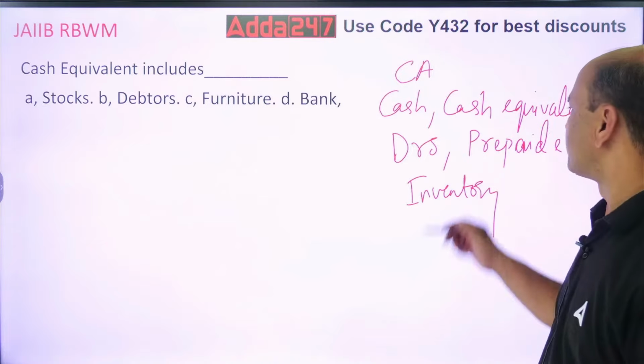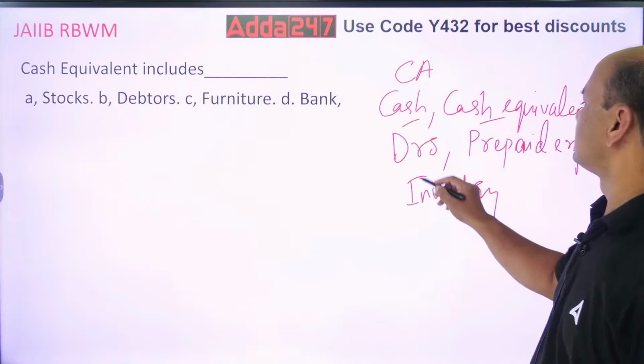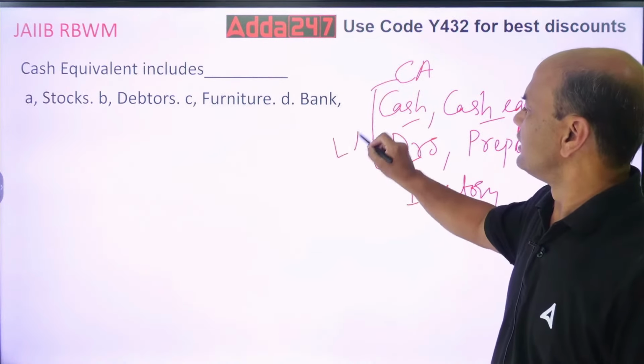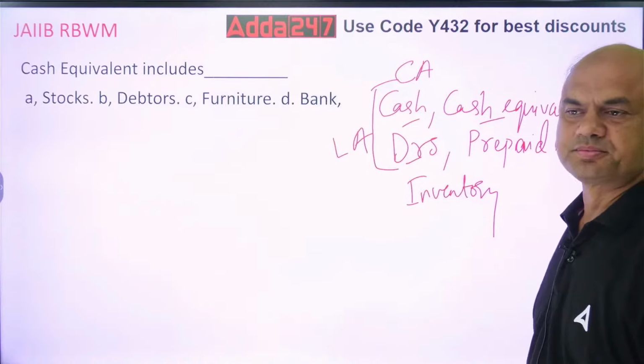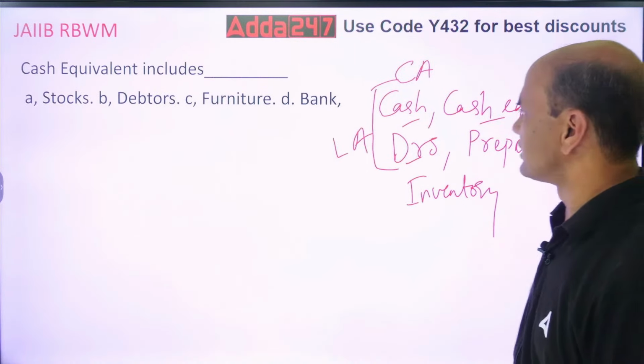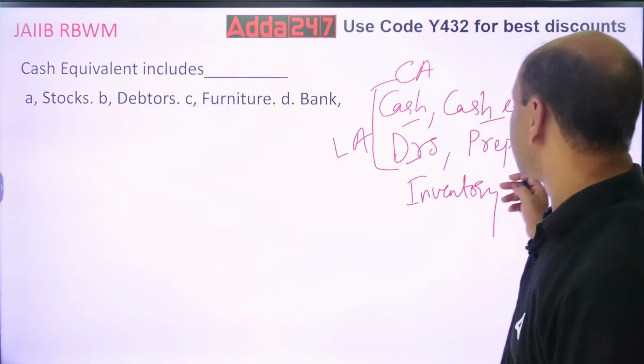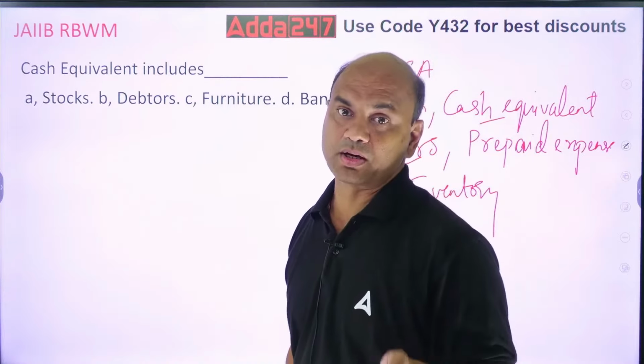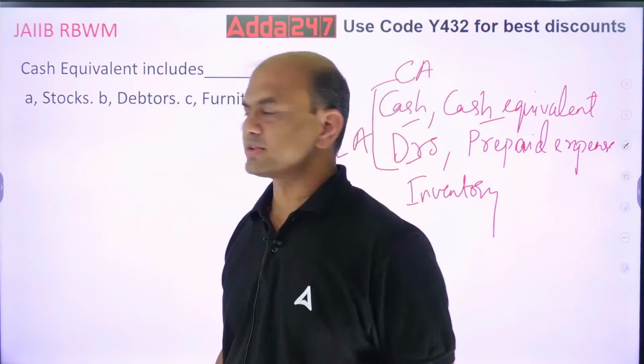Out of this, the first three, cash, cash equivalent, and debtors, are also known as liquid assets. The remaining two, prepaid and inventory, are a part of current assets, but not a part of your liquid assets.